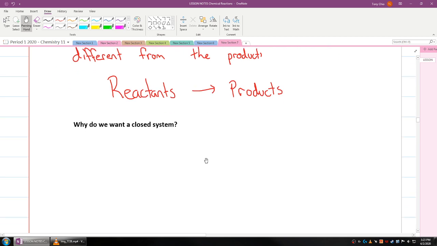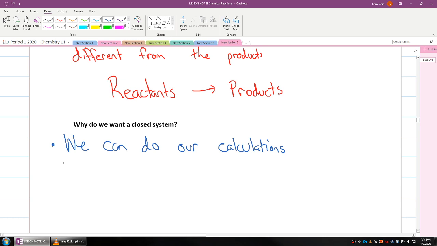Now again, why do we want a closed system, or in this case an isolated system? Again, we want to make sure we can do our calculations. Our calculations are important because if it's not a closed or isolated system, we will have things entering and leaving, and thus it will change our calculations.